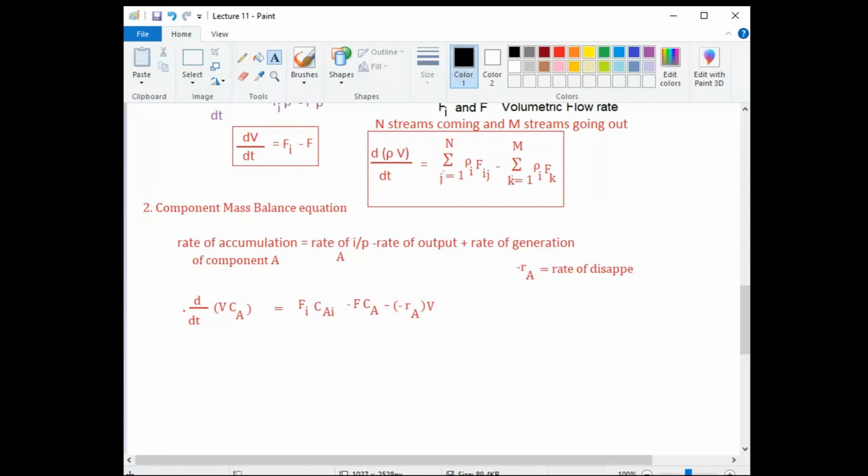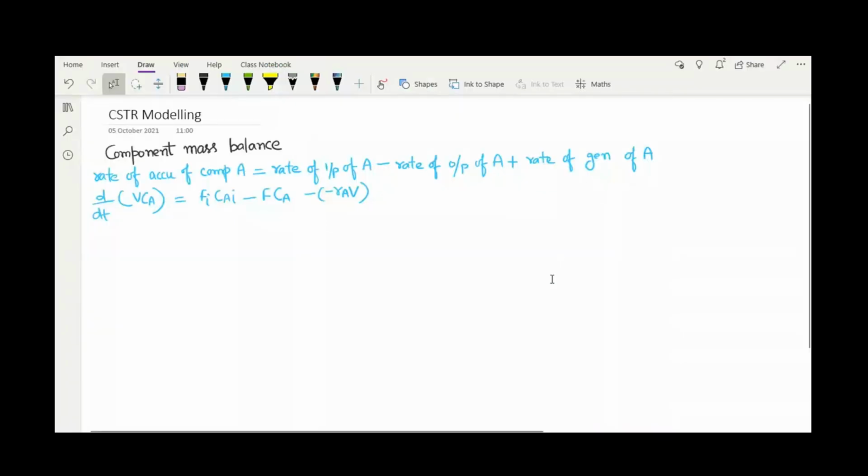So after this we will go for this equation, right? This is the component mass balance equation, so I can write it here easily. You can see here that rate of accumulation of component A is d by dt of V into Ca. So we can differentiate this. Before this we can write the rate of reaction.